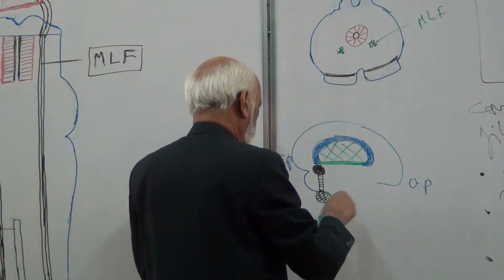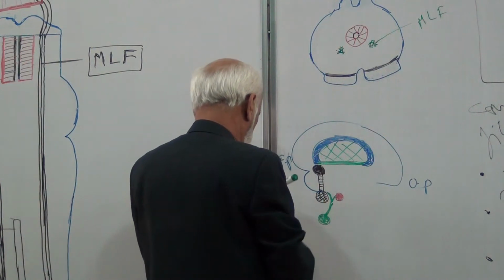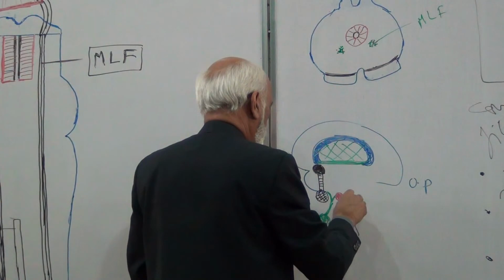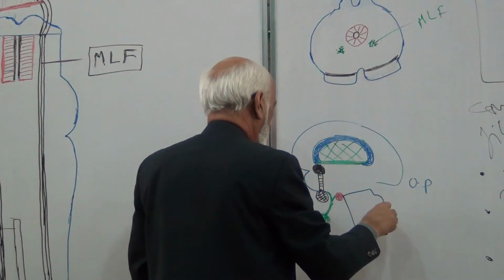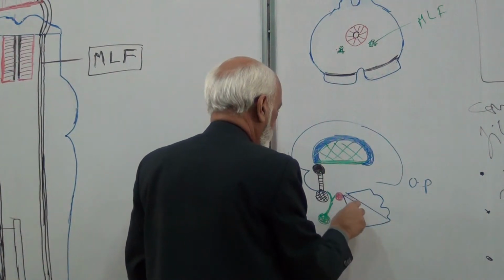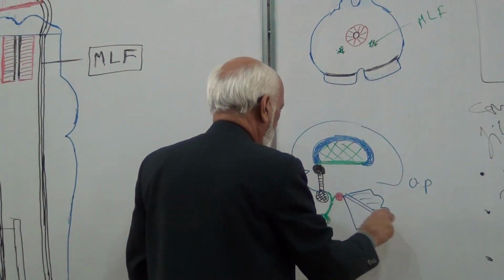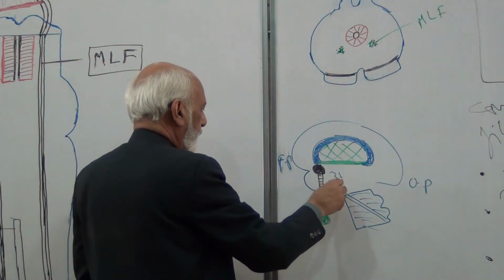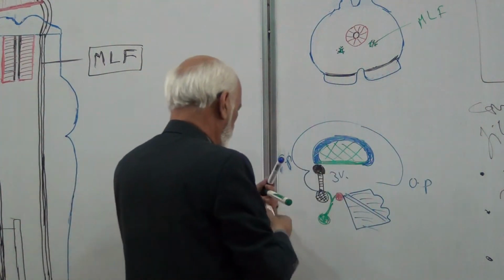A section through the midbrain, traversed by the cerebral aqueduct. This is the anterior wall of the third ventricle, and here is the posterior wall.